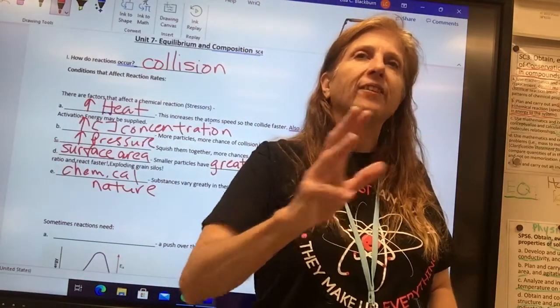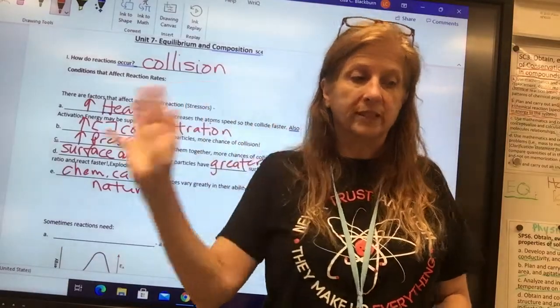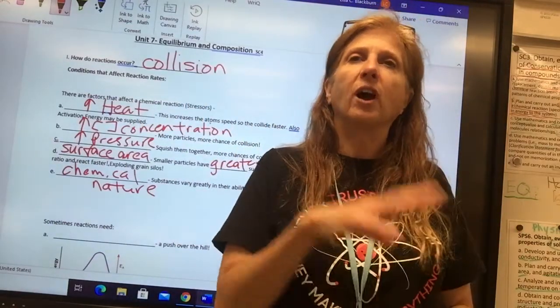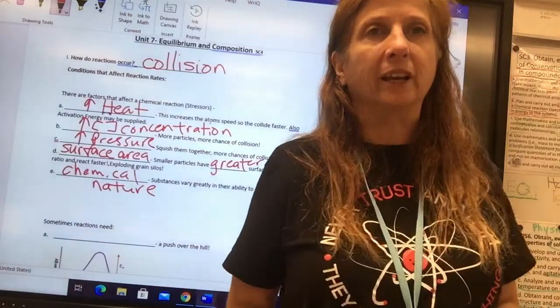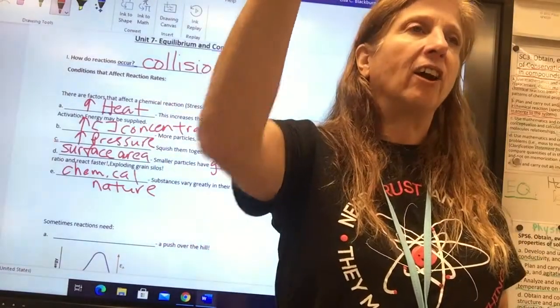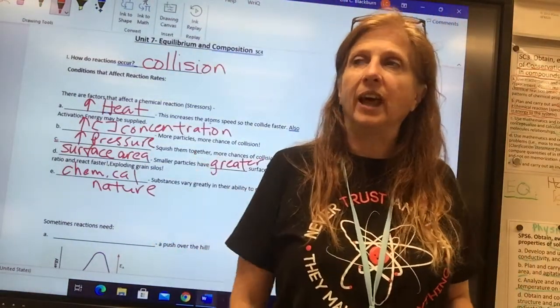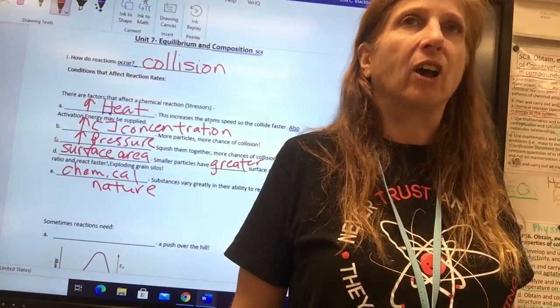So there were things in my chemical stockroom, it wasn't me, it was a different teacher, but there were things that were not secured as much as they should have been. There were some very reactive chemicals, and there they sat all summer reacting. And when I came in that next fall, I was like, oh no.